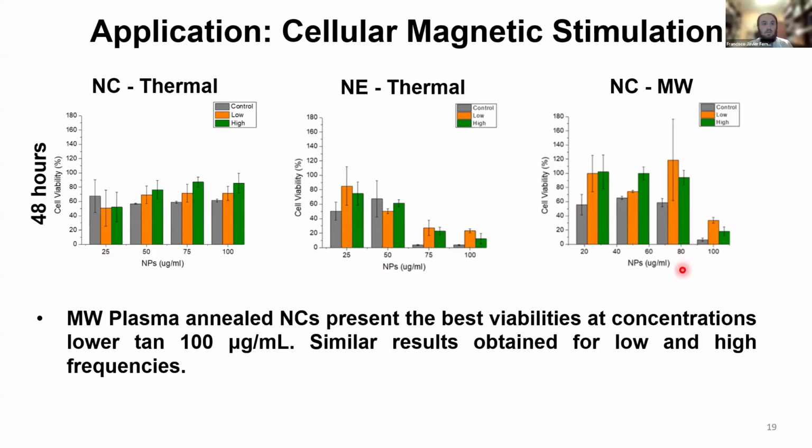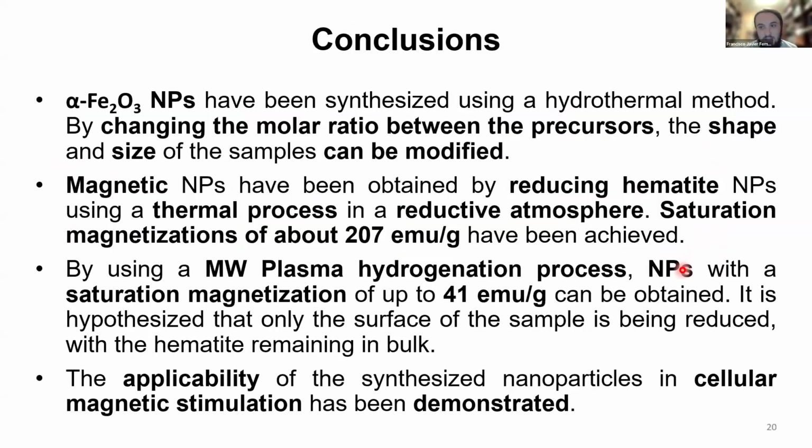So to conclude, hematite nanoparticles have been synthesized using a hydrothermal method, and by changing the molecular ratio between the chloride and the phosphate, we can modify the shape and the size of the nanoparticles. We have been able to produce magnetic nanoparticles by applying a thermal hydrogenation process, obtaining saturation magnetization of up to 207 emu/g.